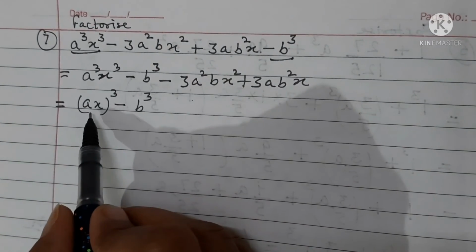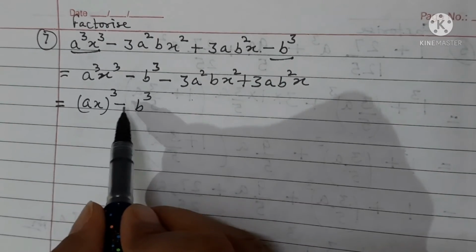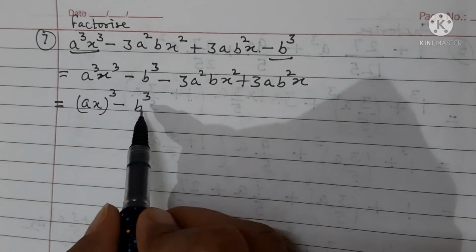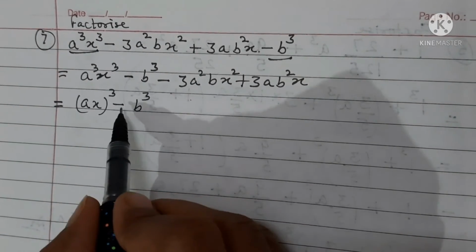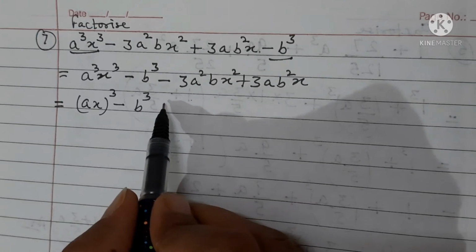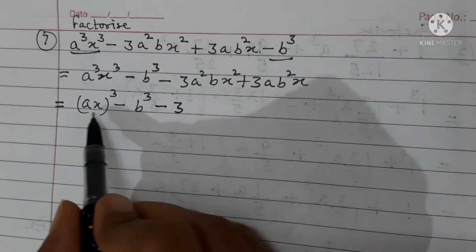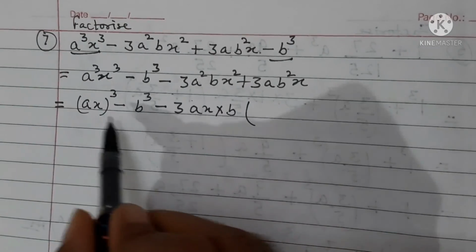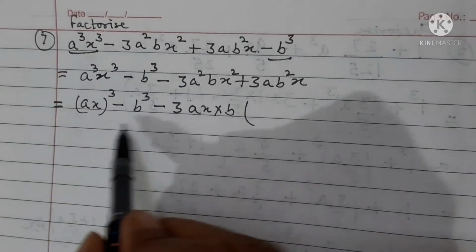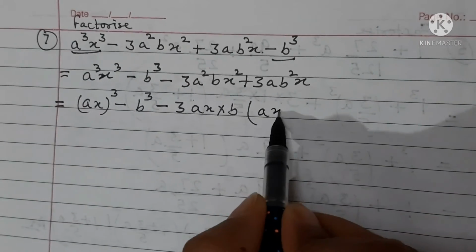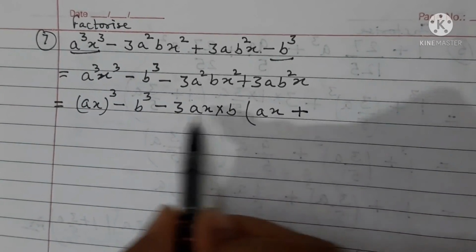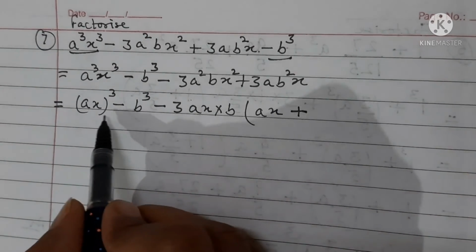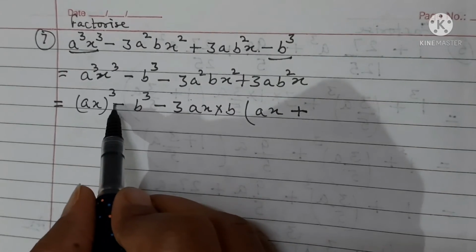So it is of the form a cube minus b cube, and see what the expression we can get. So a cube minus b cube minus 3ab, here ax into b and a plus b. A means ax, plus b means, no, here the sign will be minus because it is the negative term.